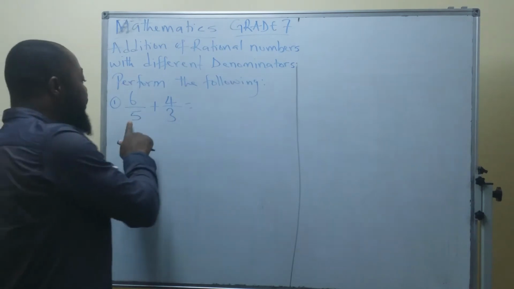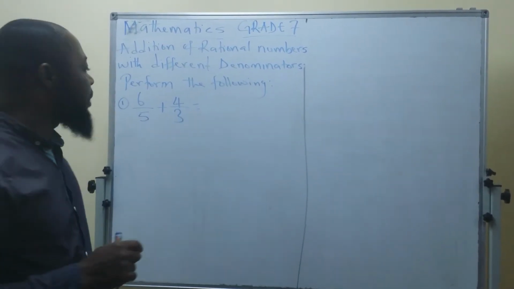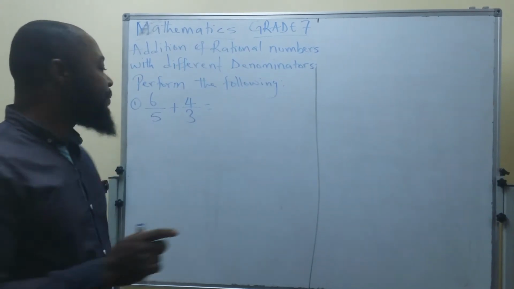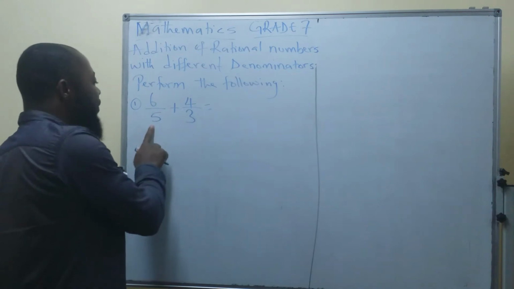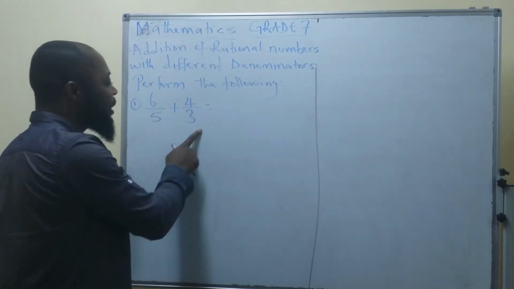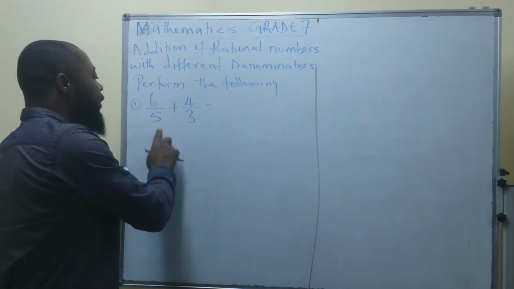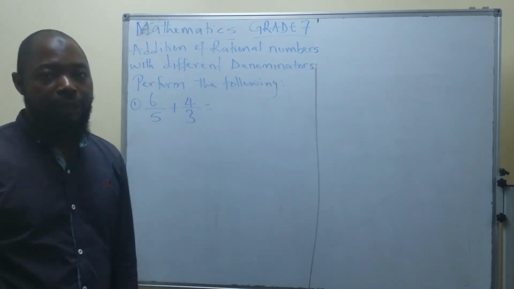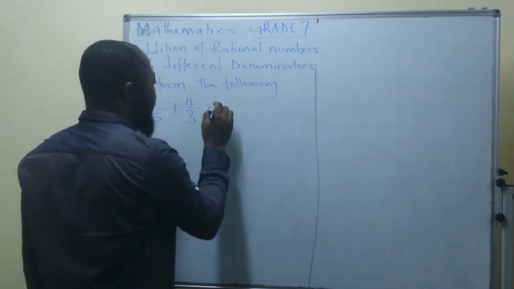If one of it can be divided by the other without remainder, then use that as your LCM. But if none of it can be divided, just like in this case now, we have 5 here, we have 3 here. 5 cannot be divided by 3 without remainder, and also 3 cannot be divided by 5. It's not possible, right?